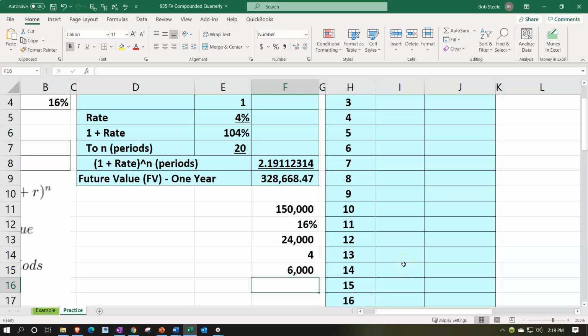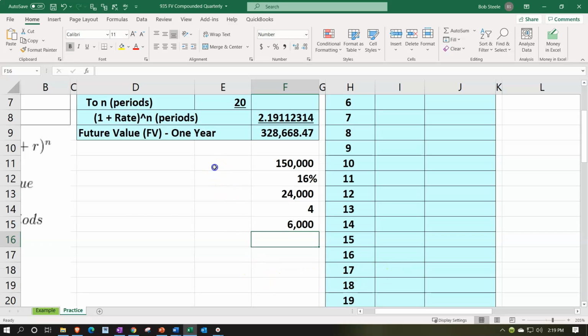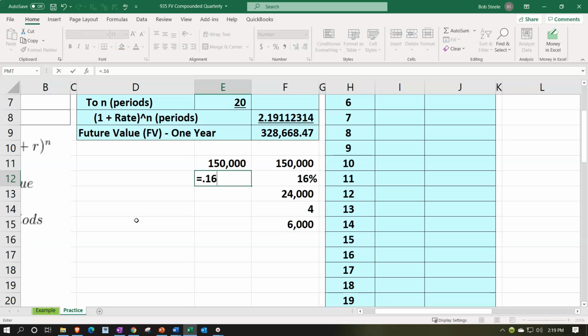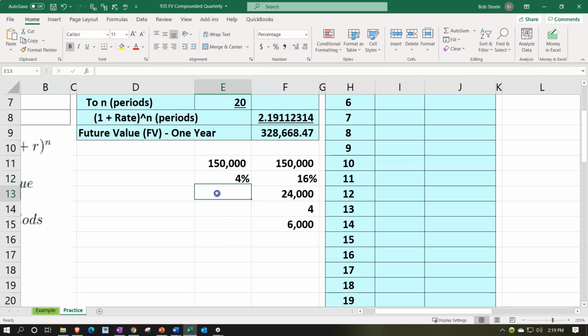This is the format that makes most sense to me if I was to break this out in like a table. But when we use the Excel formulas, note you can also calculate this as basically the 150,000, and then instead of the 16%, I'm going to say this equals the 0.16 divided by 4, giving us that quarterly percentage rate. There's the quarterly percentage rate, and then I can multiply this out in that format, and there's the 6,000 that way.